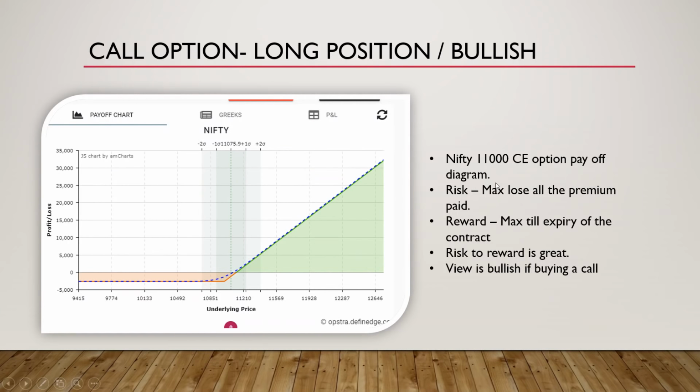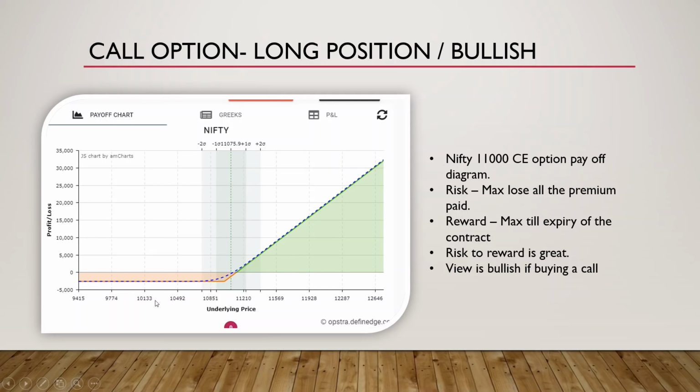How does the call option work? So when you're buying a call option, your view is bullish. Call option is also called a long option. So how does that work? If you are bullish on Nifty, you're buying an 11,000 Nifty call option. So this will be the payoff diagram for that. You have limited risk.